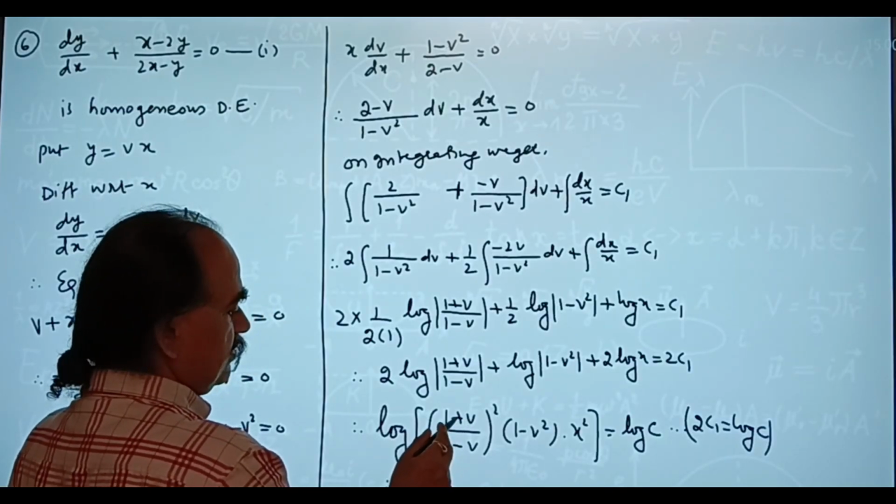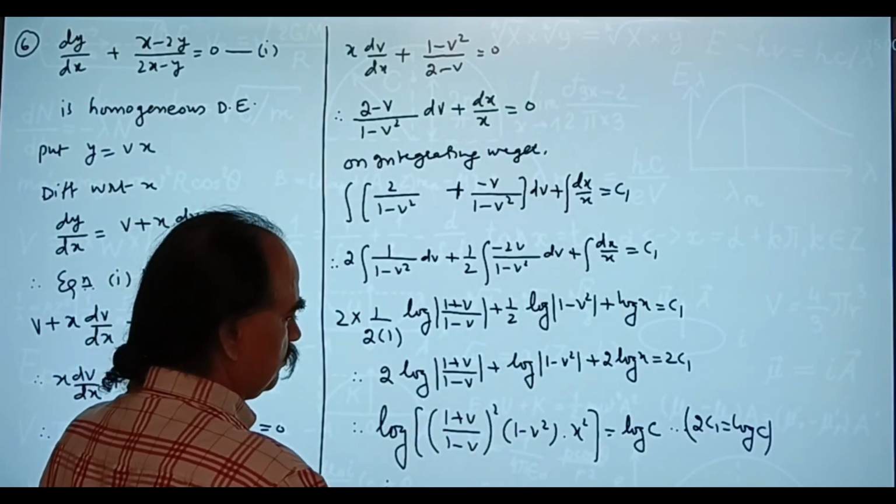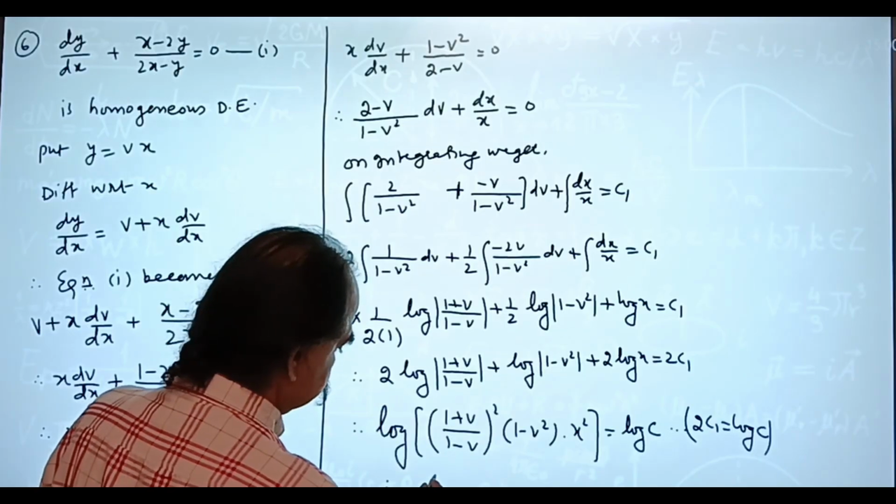1 plus v square, and this will give you 1 plus v into 1 minus v, 1 plus v cube, and 1 minus v will get cancelled.